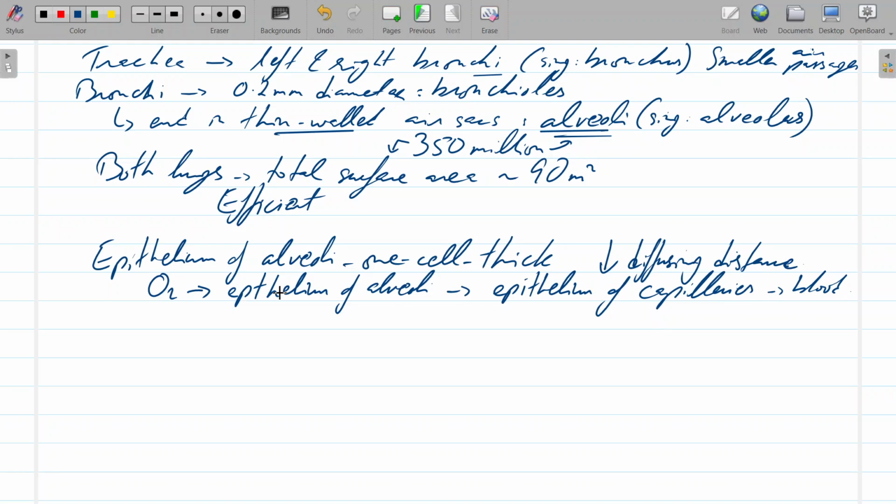So you can see that's a very short distance. This is a single layer of cells, and this is a single layer of cells. And so that maximizes the efficiency of gas exchange, because gas exchange is happening via diffusion of oxygen and carbon dioxide.